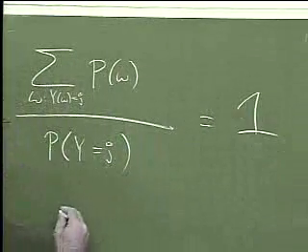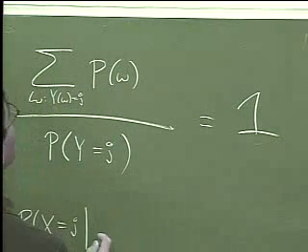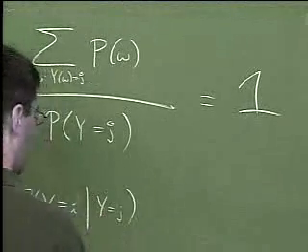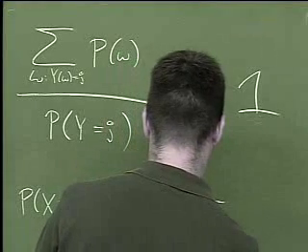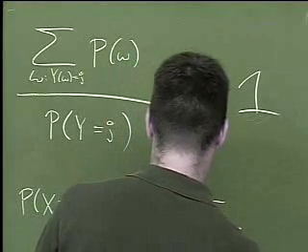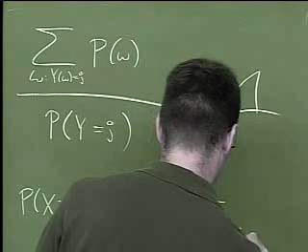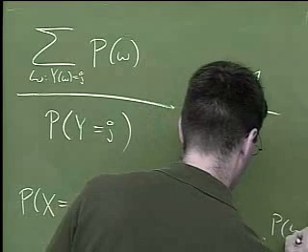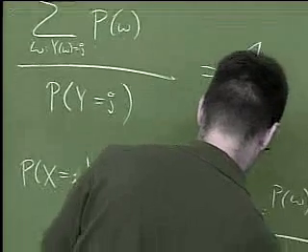And so you can imagine if we want to know what's the probability that X equals i given Y equals j, what we're doing by definition is the sum over the omegas where Y of omega equals j and X of omega equals i, P of omega, over the probability Y equals j.